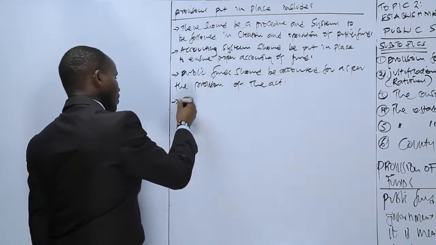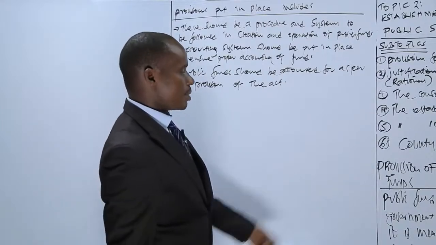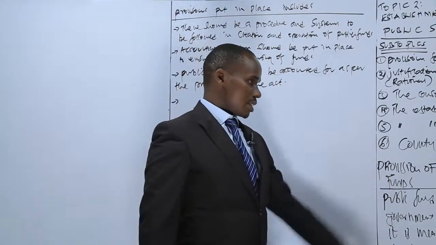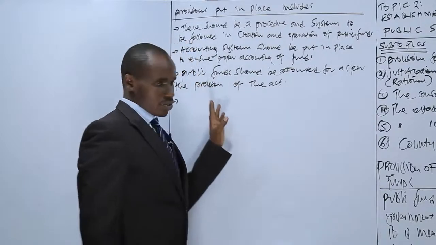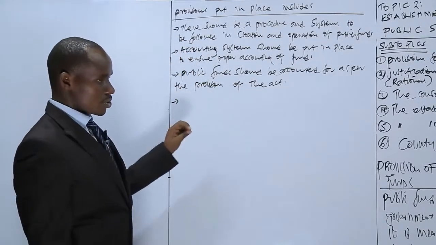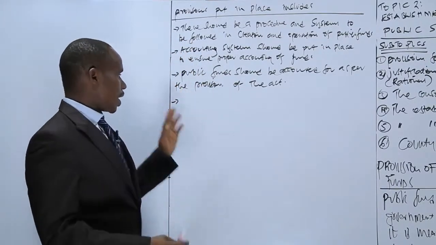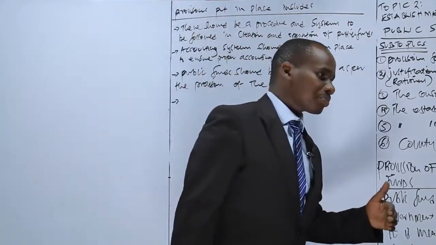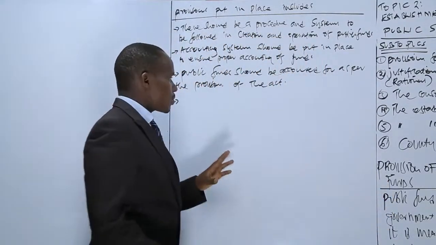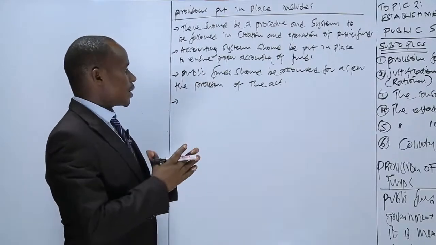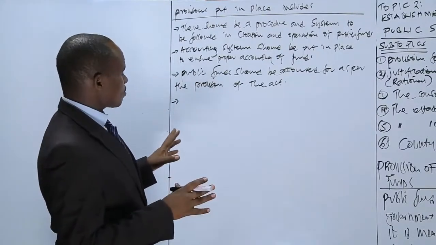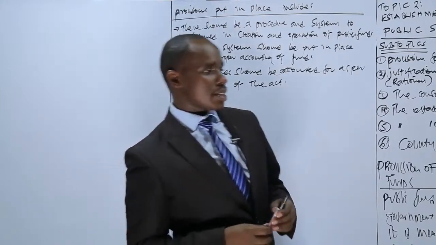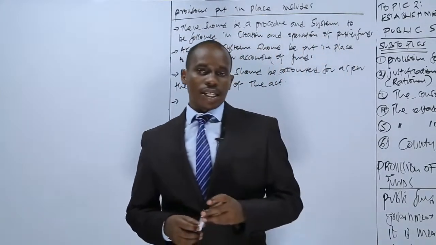We are saying that for everything that we are doing, especially when it comes to establishment of this particular fund, we follow our constitution. And therefore, the constitution is very, very clear on how we are supposed to account for public funds. So the accounting for that particular money is supposed to be done as per the procedures that are stipulated in the Act.